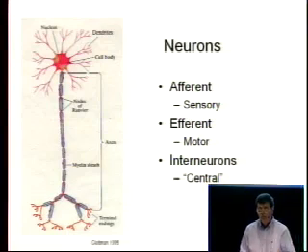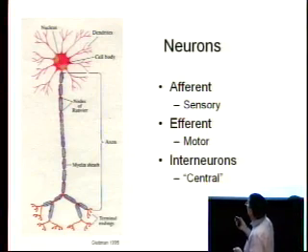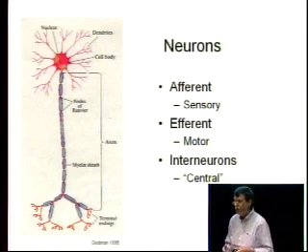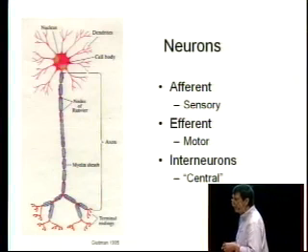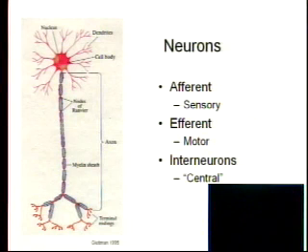What I want to do is to focus on the structural aspects of the nervous system for now, because it turns out that these neurons come in three basic types. There are sensory or afferent neurons, efferent neurons, and interneurons.